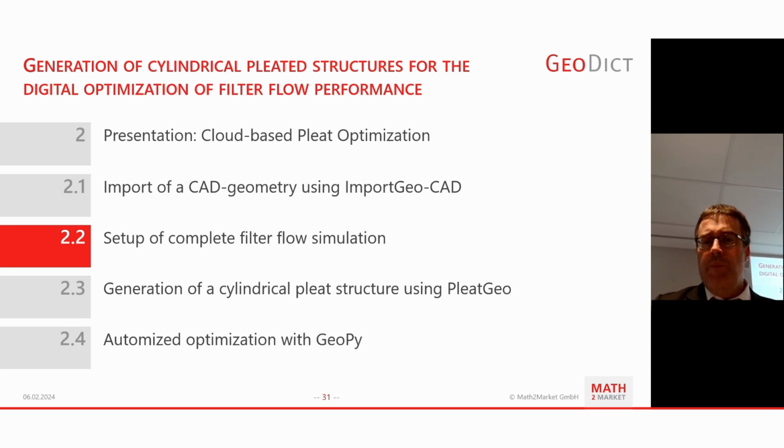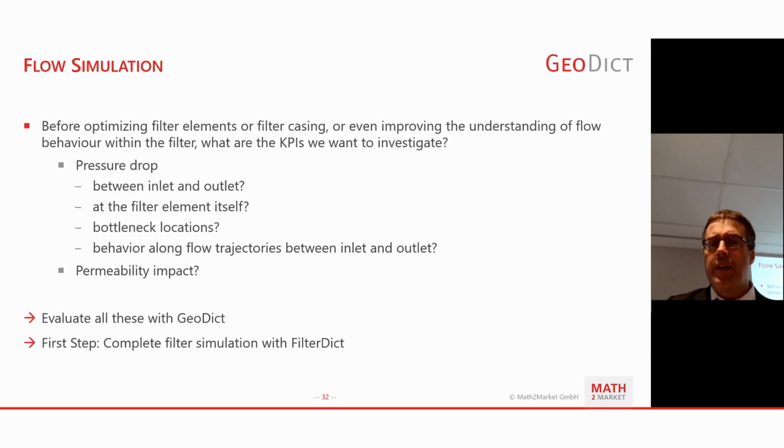Before optimizing the filter element or the filter casing, to improve understanding, we need to know what the key performance indicators are that we actually want to investigate. One could say, okay, this is pressure drop, but looking at this in detail, pressure drop where?